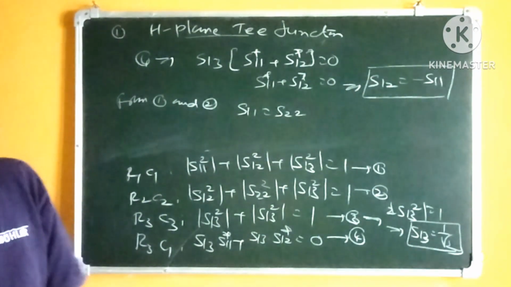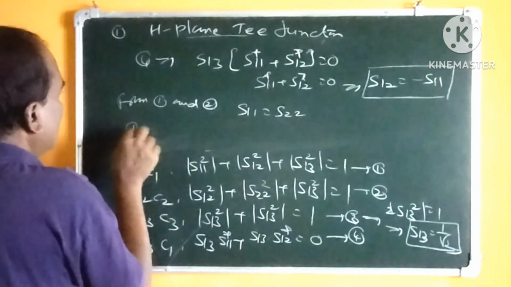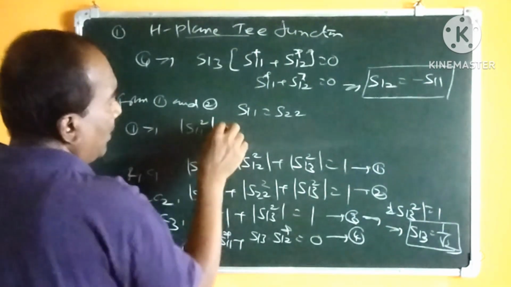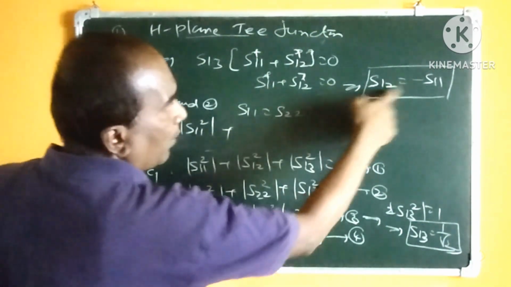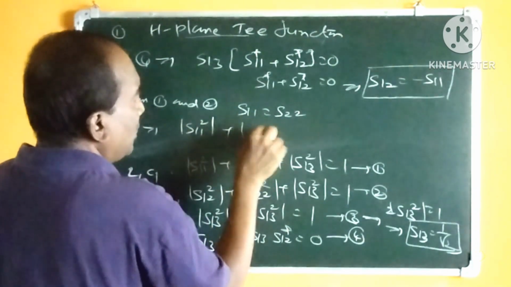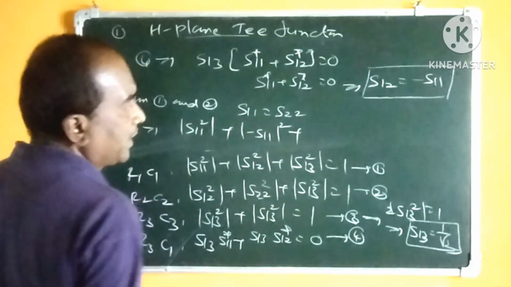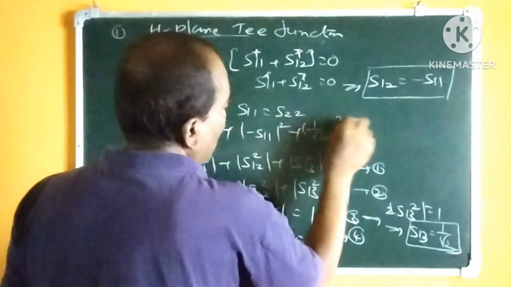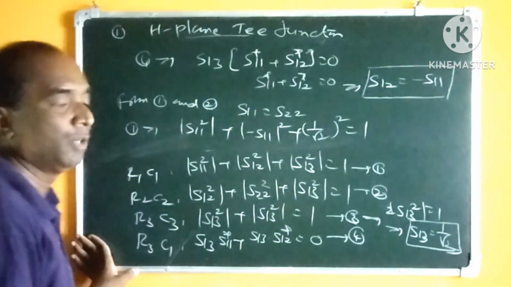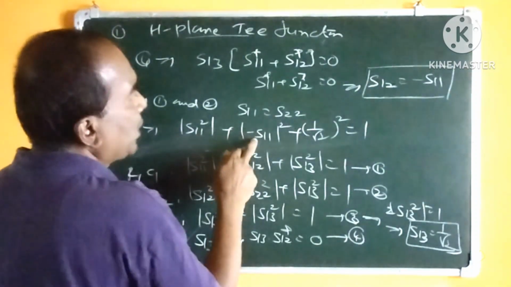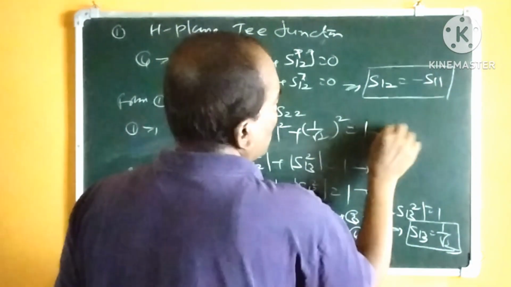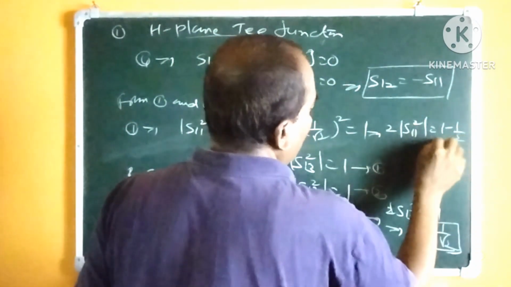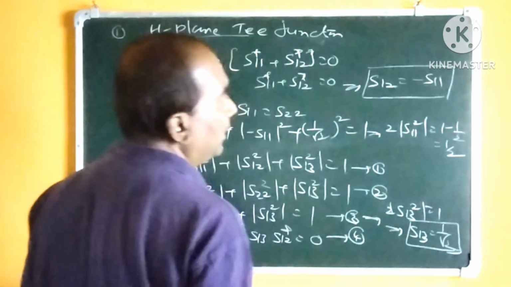Now you can see equation 1 implies modulus of S11 square plus modulus of S12 square, which is nothing but modulus of S11 square plus modulus of S13 square, where S13 has the value of 1 by root 2 square, will be equal to 1. So it implies 2 into modulus of S11 square will be equal to 1 minus 1 by 2 equal to 1 by 2.